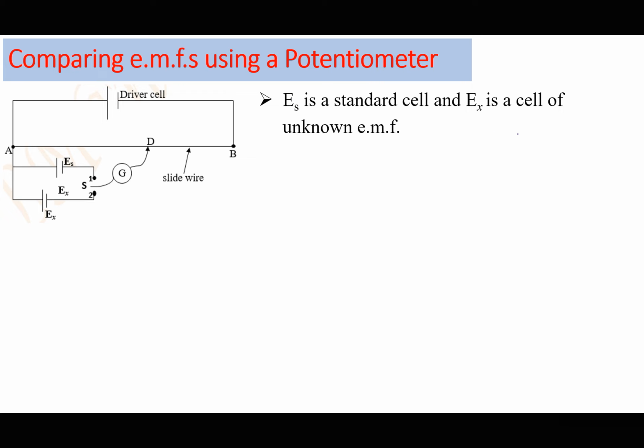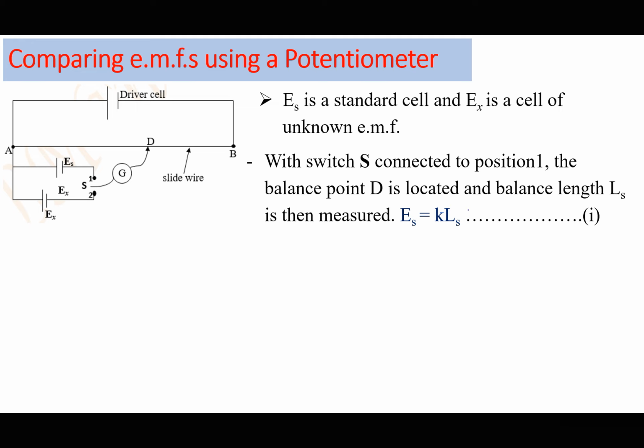With the switch in position 1, the balance point D is located and the balance length Ls is then measured. If we close this switch here, the PD across it is going to be the same as the EMF. Remember, the PD is equal to a constant times the balance length. So Es is going to be K times Ls.